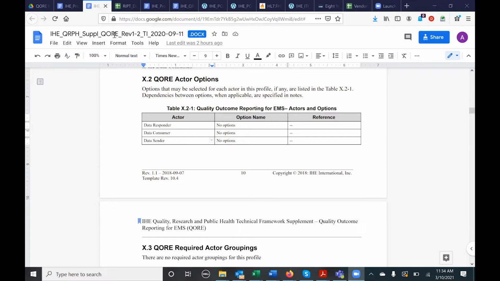Okay, so in my understanding, this question is asking because there are certain elements that are identified as narrative text instead of coded data elements, and that is correct. But the way that we have these data elements set up is that the data element itself can exist in a text format.